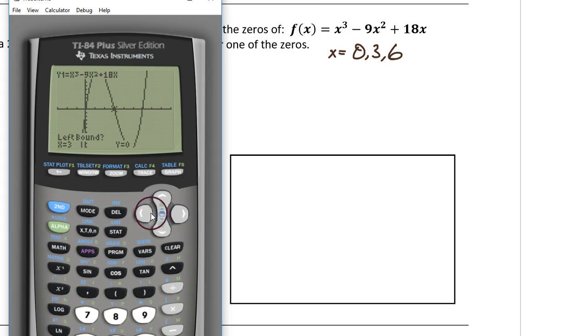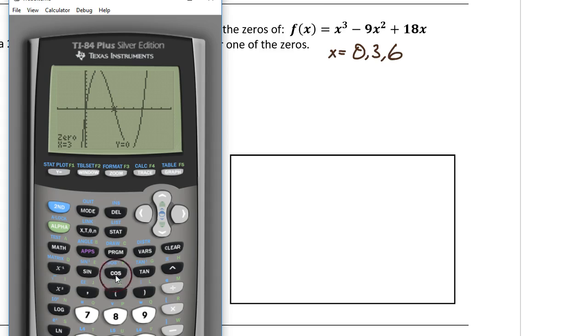The way that you find them is to use the cursor keys to position the blinking cursor on the screen a little bit to the left of where it's crossing the x-axis, pressing enter, then moving the cursor a little bit to the right of where it crosses the x-axis and pressing enter, and then moving the cursor right on top of where it crosses the x-axis and pressing enter.